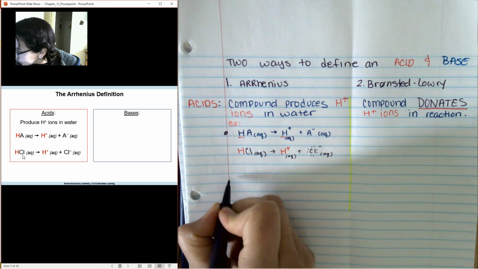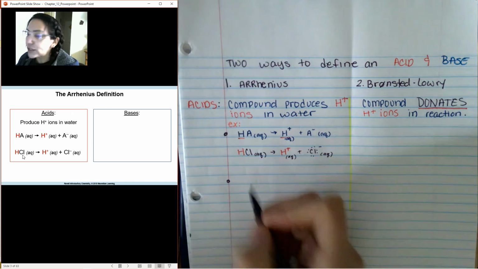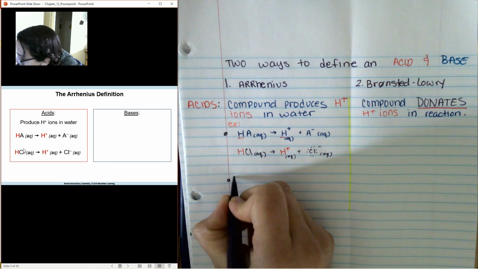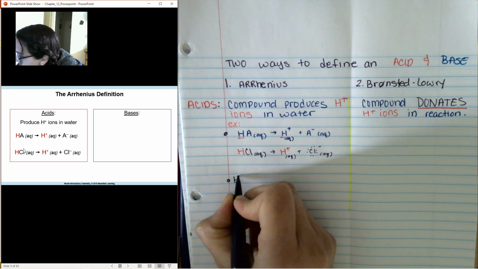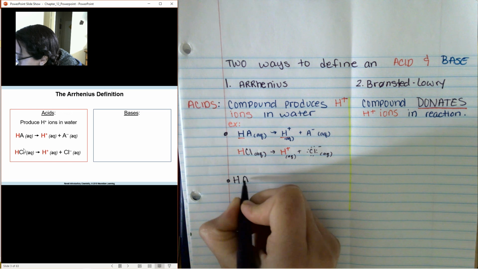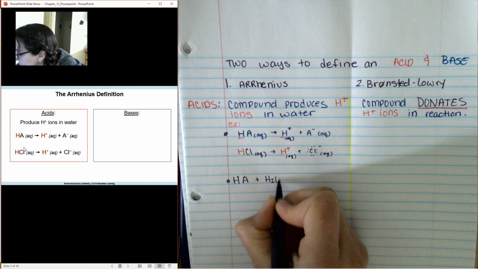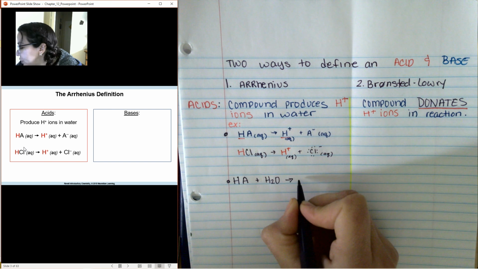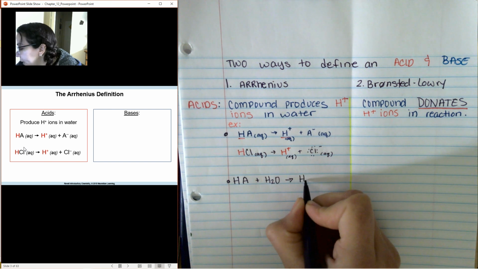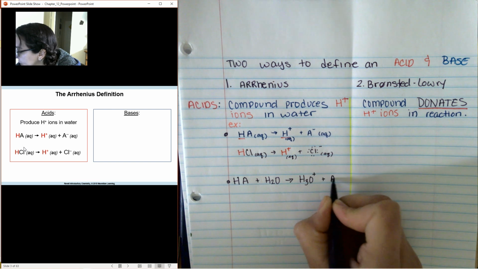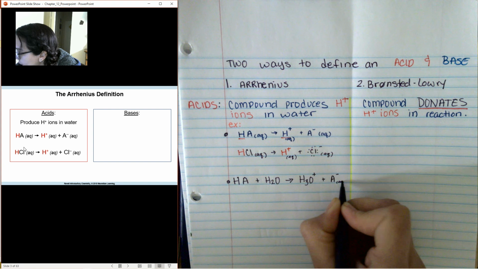And the other way that we could demonstrate this acid is by demonstrating it with water. So if I have HA plus H2O, I'm going to produce the H3O ion plus the A ion, all aqueous.